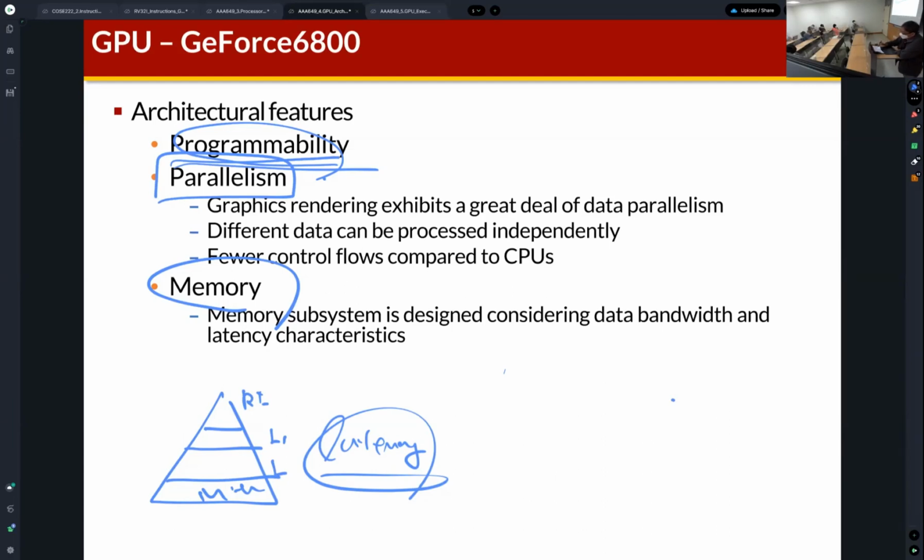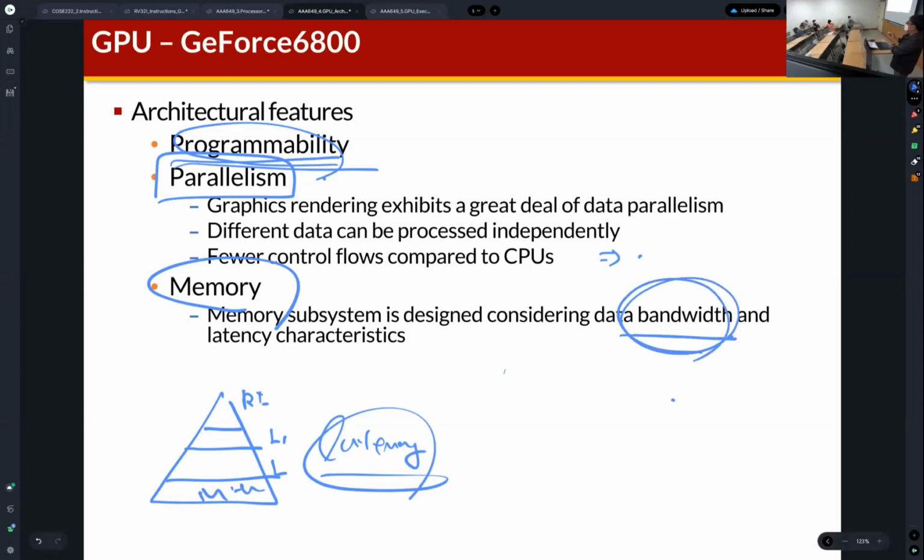But the GPU supports data parallelism, which means lots of data can be executed in parallel in the GPU. Then, for GPU memory, we also need to consider bandwidth, right?